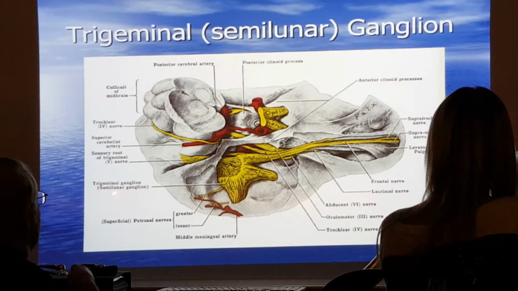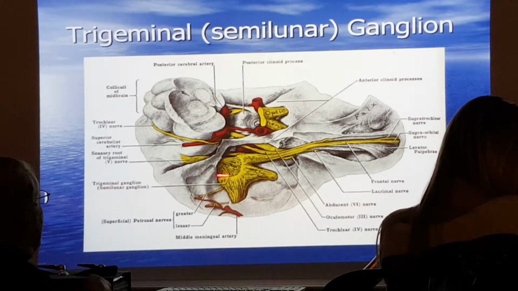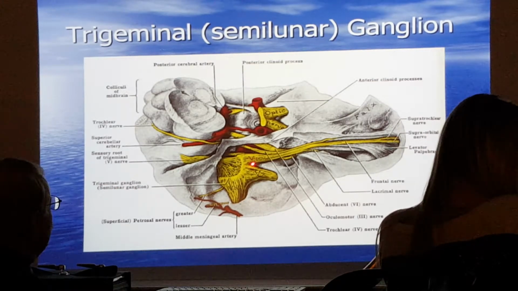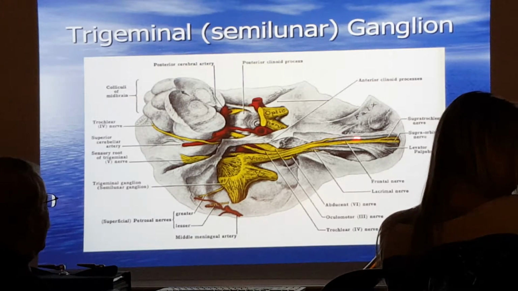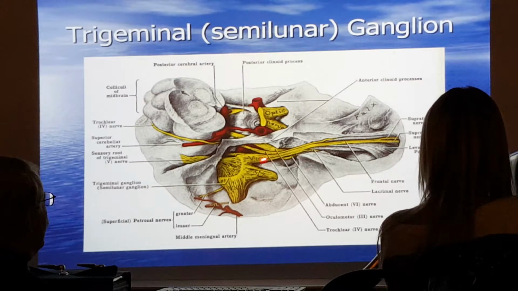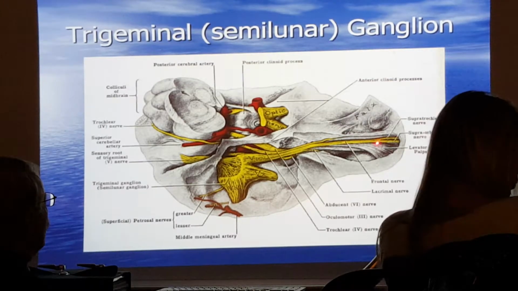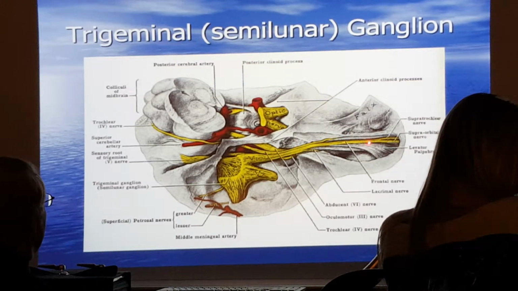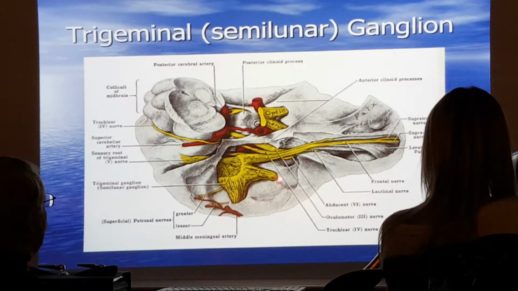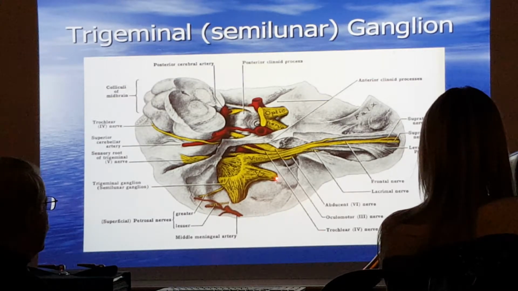Semilunar ganglion. Then you could see V1, what branch is that? The ophthalmic branch. Watch the spelling of ophthalmic, it's really tricky: O-P-H-T-H. This is the maxillary branch. What's the hole? Foramen rotundum, very good. And here's the mandibular branch. What's that hole? Foramen ovale.